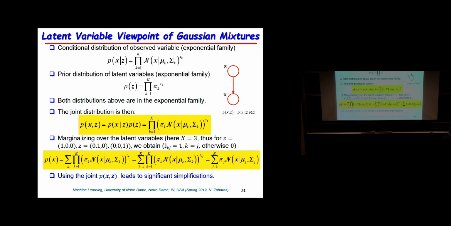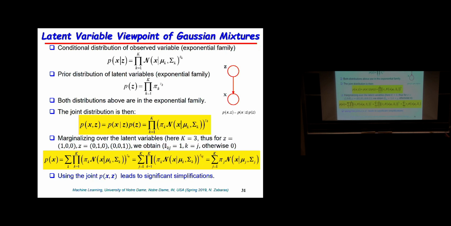And we didn't really do it explicitly because it's not very difficult to see. If you take this distribution and you integrate z out, so you sum over all possible values of z, then you actually get the Gaussian mixture, okay?